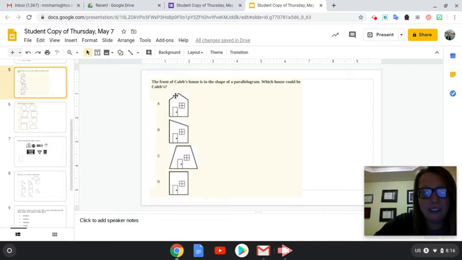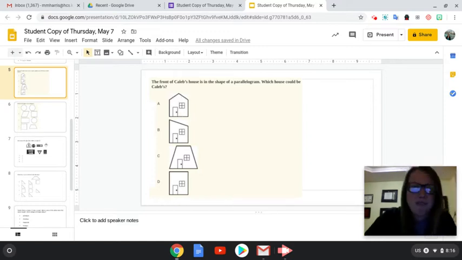Well, if I look, this house has 1, 2, 3, 4, 5 sides. What's a 5-sided polygon called? A pentagon. And a parallelogram has how many sides? 4. So A is out.